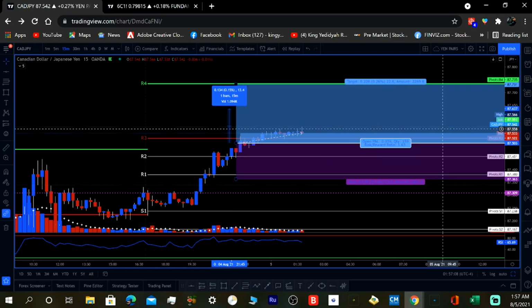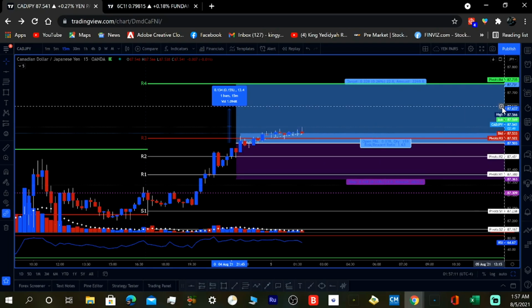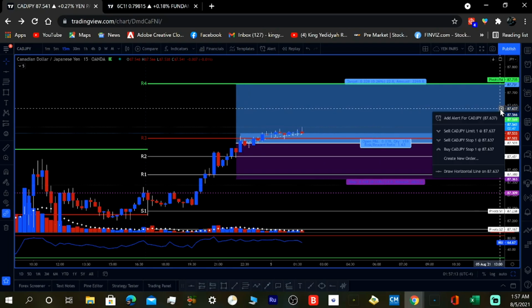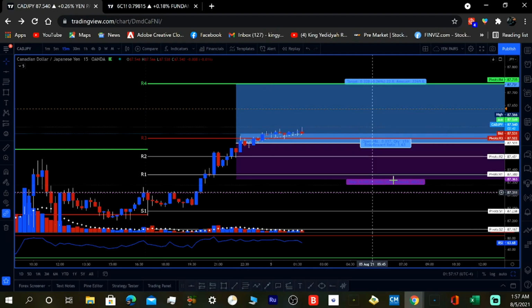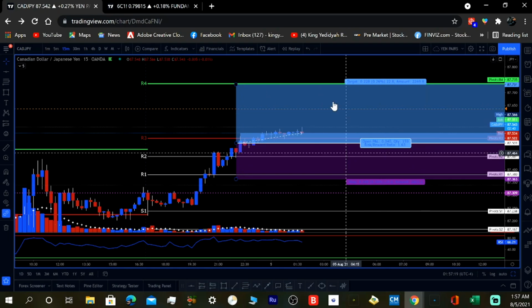Alright, so I'm gonna set an alert right here. Although I'm actually going to bed, I ain't staying up to manage this trade, so I'm gonna let this trade run. Hopefully it hits my take profit.